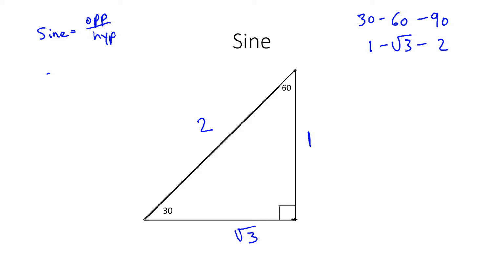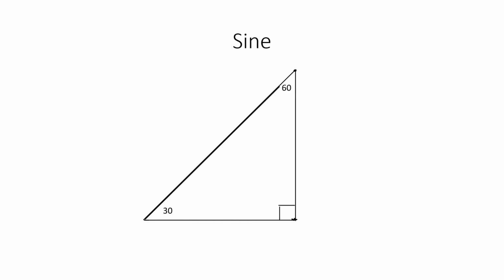So if we wanted to do sine of 30 degrees, well, here's 30 degrees. Directly opposite that is 1, and the hypotenuse would be 2. So for 30 degrees, we'd have 1 over 2 as its sine. So let's suppose that we wanted to choose the sine of 60 degrees. Let's rewrite the numbers.